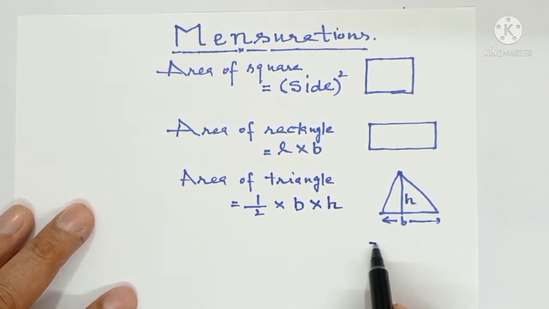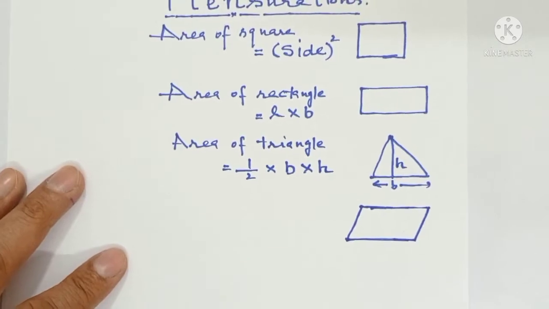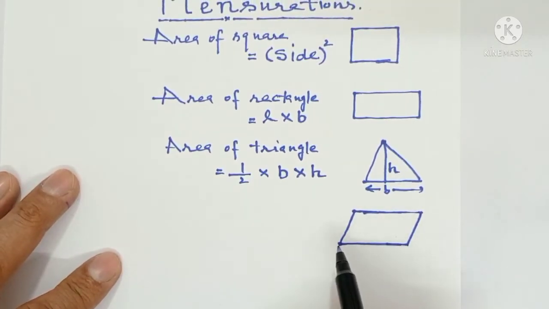Then we had done parallelogram also. Parallelogram is a quadrilateral in which both pairs of opposite sides are parallel as well as equal.